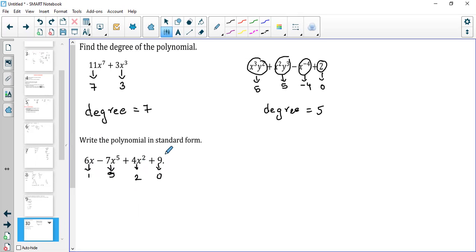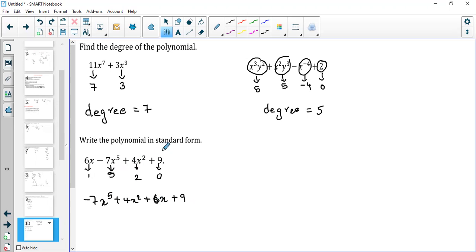Okay, now let's arrange them from the highest degree to the lowest. So the highest degree is this. That means it's going to be -7x to the power of 5. Then which is the next highest degree? This one. So plus 4x squared. Then comes plus 6x. And then plus 9.